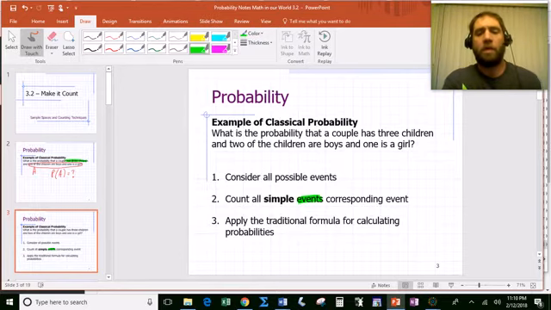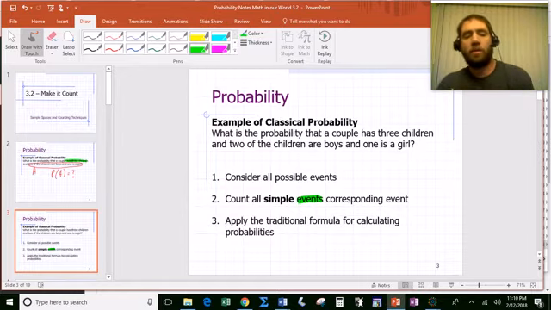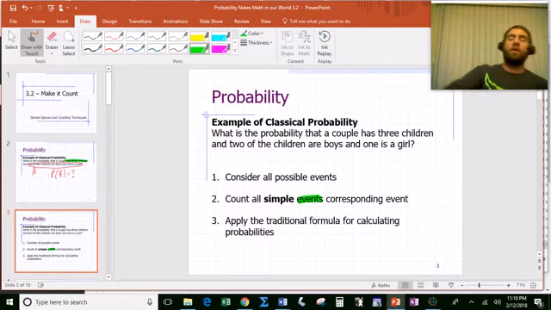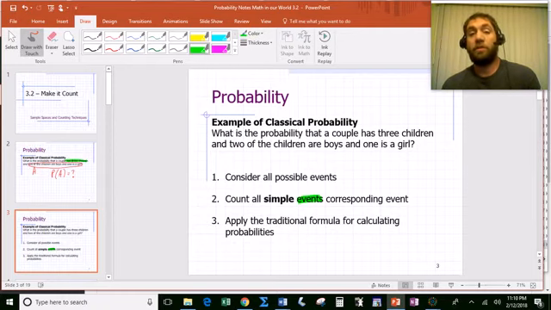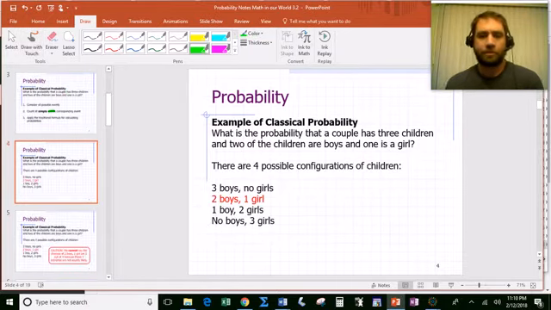Count all simple outcomes corresponding to the event, and apply the classical formula for calculating the probability. It comes down to counting, and whenever you're calculating a probability, you have to count two things: the number of simple ways your event can happen, and the total number of simple outcomes possible from the experiment or from the procedure.